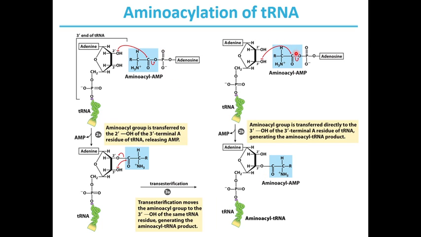Alternatively, when class 2 aminoacyl tRNA synthetase is involved, it uses the 3' hydroxy directly and attacks the carbonyl carbon of the aminoacyl AMP and results in the aminoacyl tRNA. In both cases, the final product is an aminoacyl tRNA.